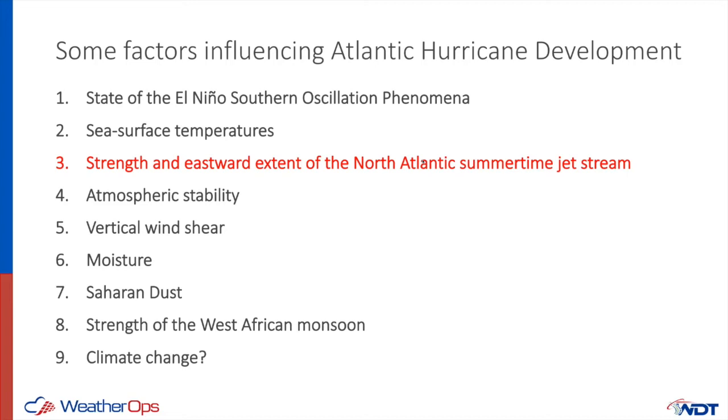A big part of that is because we get a lot of activity in the jet stream, which can suppress Atlantic hurricane formation, and this factor is not predictable until you're in the season in general.